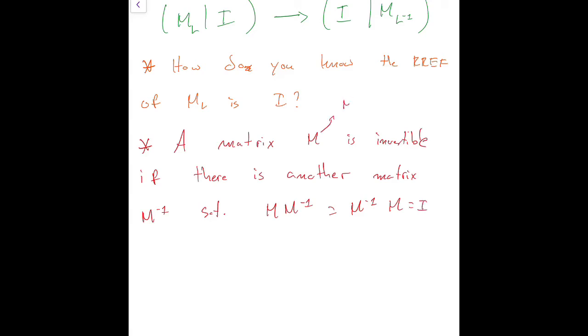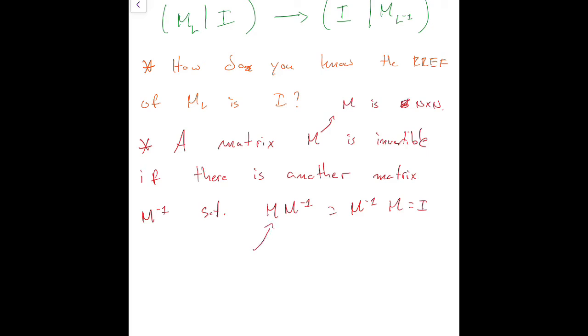Here we're assuming that M is an n by n matrix, like we have been. So it's invertible if and only if there's this other matrix called M inverse, such that when you do the matrix multiplication, you get the identity transform.